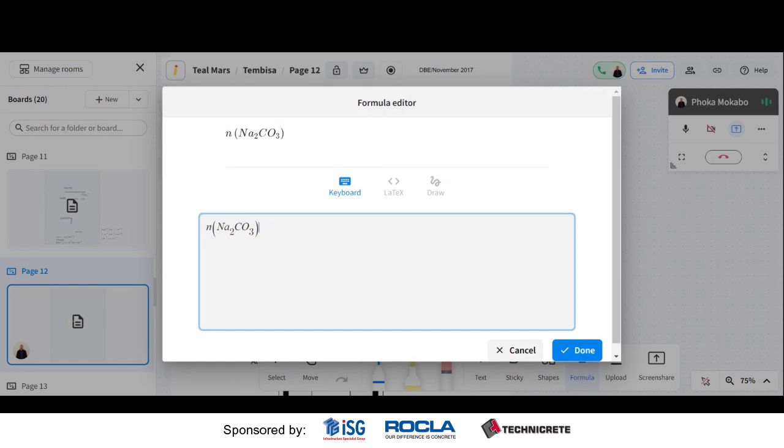It is equal to the mass over the molar mass, and if you allow me to skip that formula in favor of writing the substituted values, we have 0.29, which is given to us. The molecular mass of the entirety of that, 23 times 2 plus 16 times 3 plus the molar mass of carbon, gives you 106.